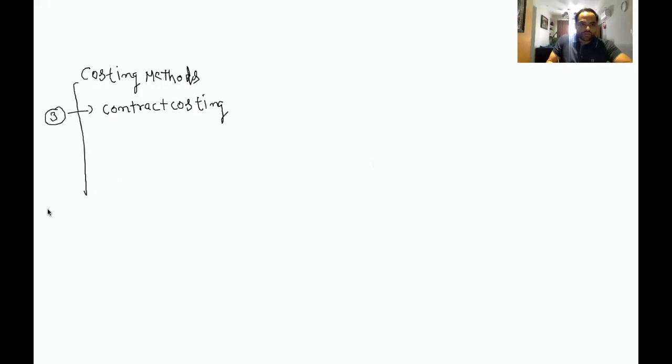Now we move on to number 4. The fourth costing method for a manufacturing company is process costing. In order to apply process costing, again, we have some criteria or requirements.